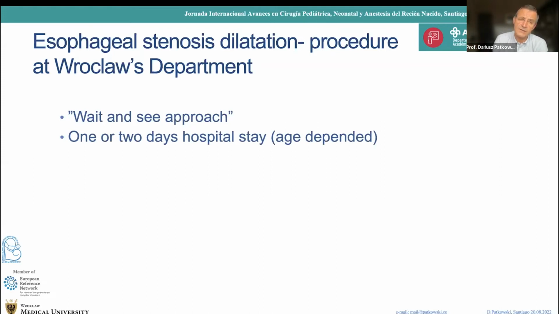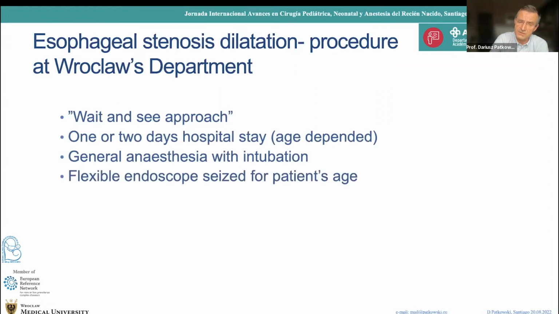This is a 1 or 2 day hospital stay. It's age dependent whether we can do it as an outpatient procedure. Always general anesthesia with intubation. We use only a flexible endoscope sized for the patient's age, always with a TV screen because it gives you a lot of detail and very good magnification.